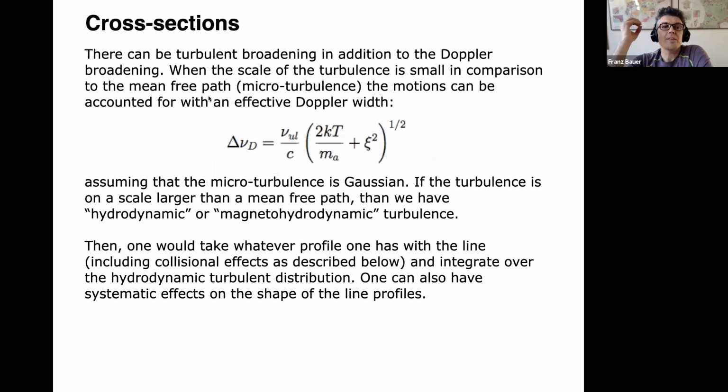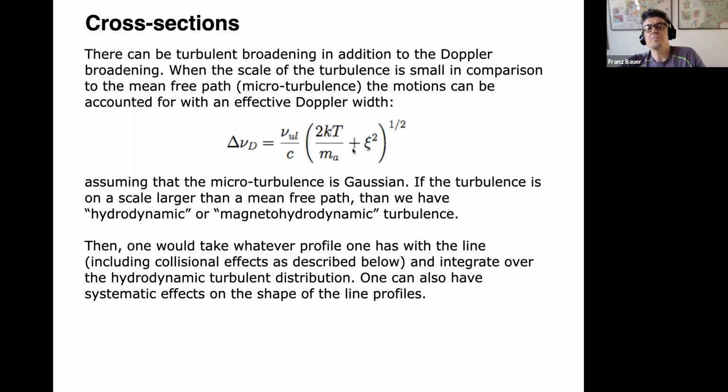And so if we think about having turbulent broadening in addition to Doppler broadening, turbulence could be from something else. You could have magnetic turbulence, you could have microturbulence, whatever. So this would be turbulence that's small in comparison to the mean free path, microturbulence. And these motions would be accounted for by an effective Doppler width. So this delta nu D would have the classical Doppler component, but then you have an extra factor here, which is a turbulence.